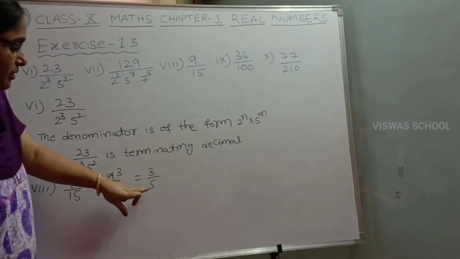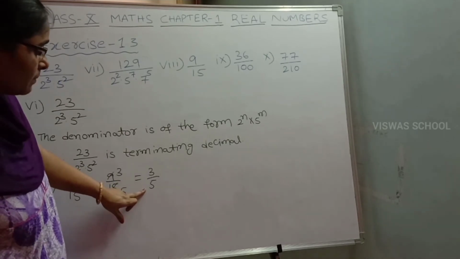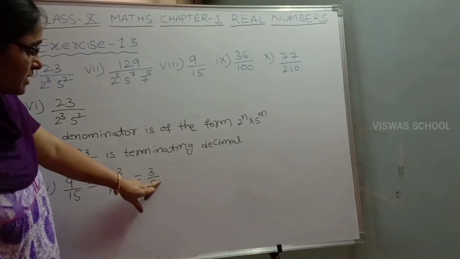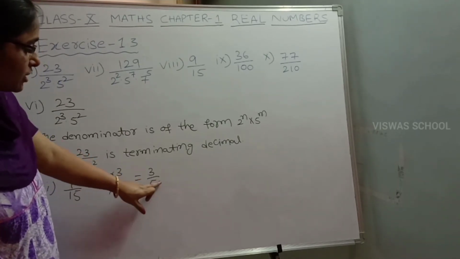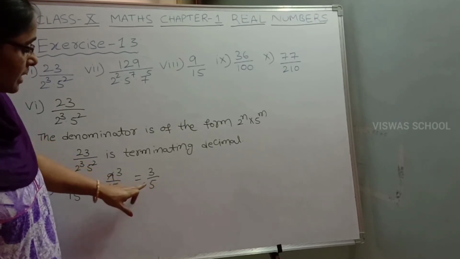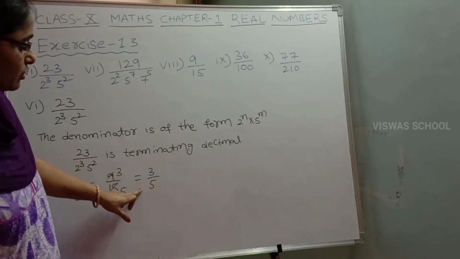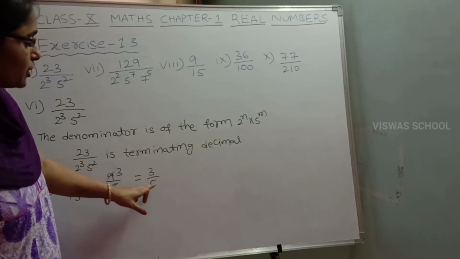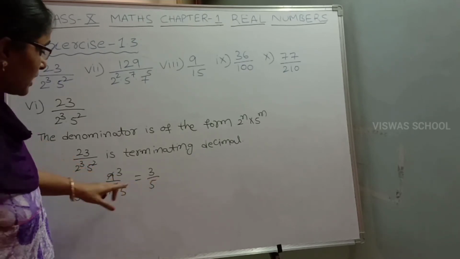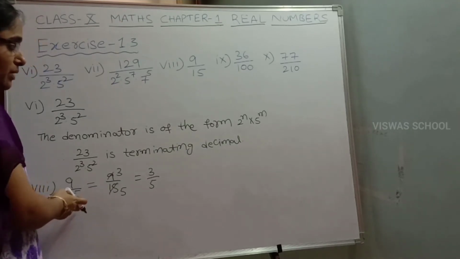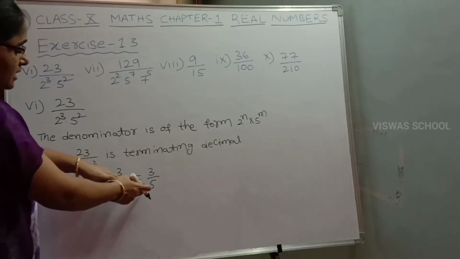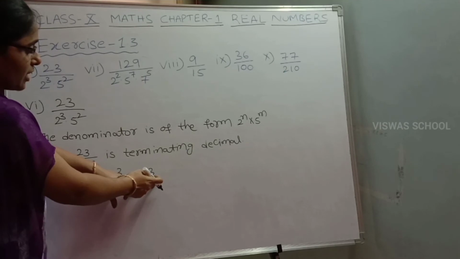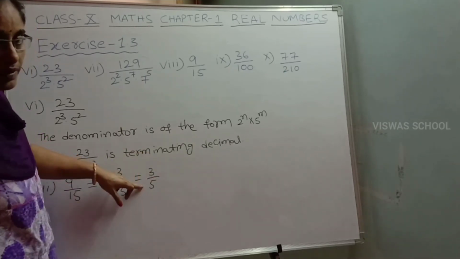That is, the denominator is 5 power 1, which is in 2 power n into 5 power m form. In the nth place it is 0 and in the mth place it is 1, that is 2 power 0 into 5 power 1. That's why it is terminating decimal, because the denominator is in the form of 2 power n into 5 power m.